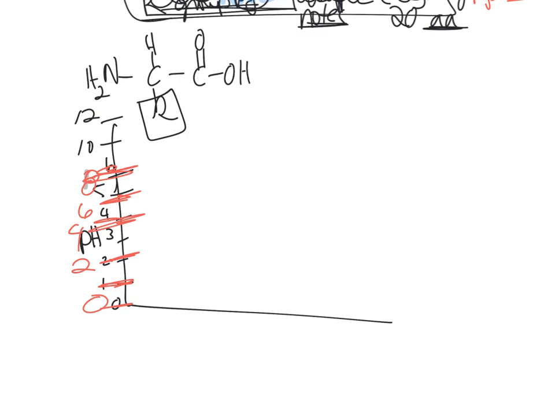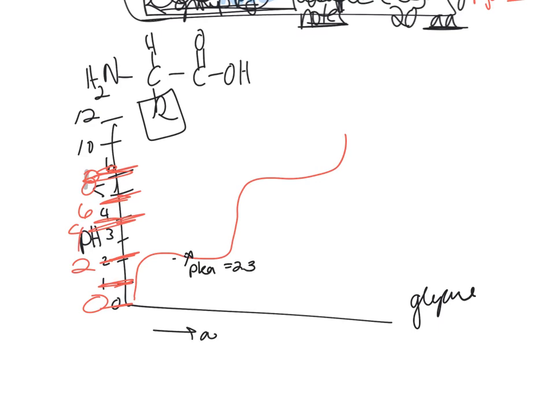Now if we're dealing with a structure without any R group, this could just be glycine. So we look at glycine, and at low pH, the pKa is 2.3, and we're adding base. That's how the pH starts low, and then it's going to go to basic. 12 is a basic pH.